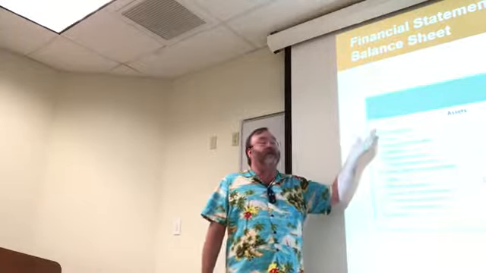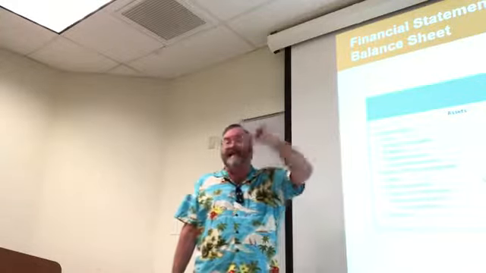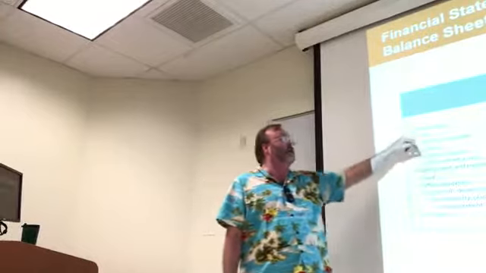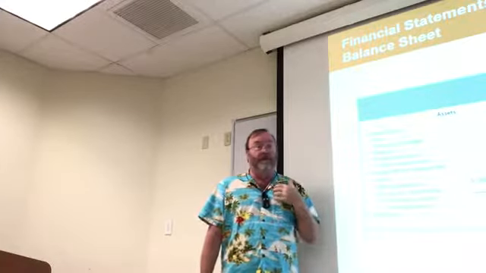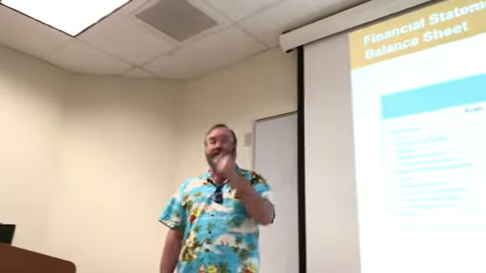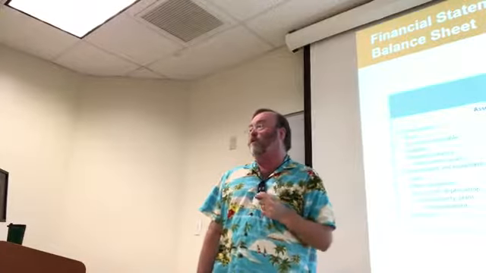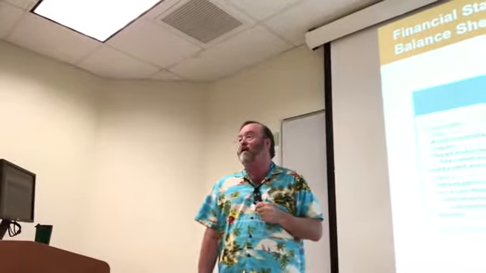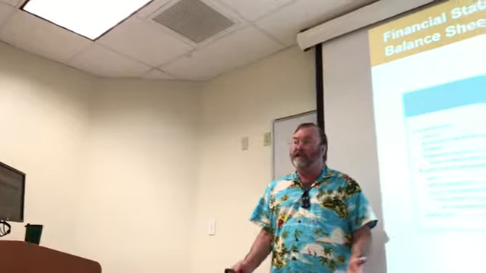If you had a short-term investment, like you've invested in some stocks or bonds that you can easily sell, a short-term investment would be next. A notes receivable would be more liquid than accounts receivable, because that's a legal document. That's a promissory note that your customer has signed. And then accounts receivable. So that's what you're going to turn into cash.